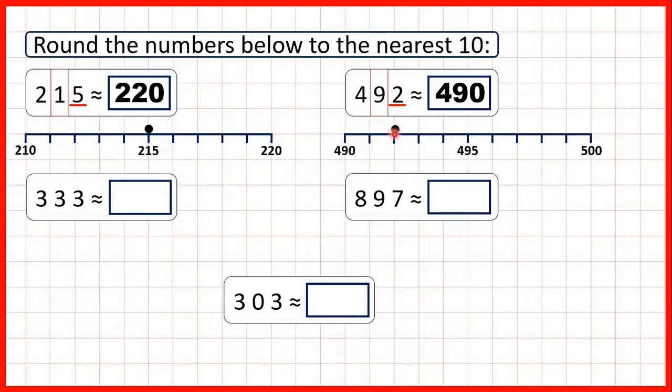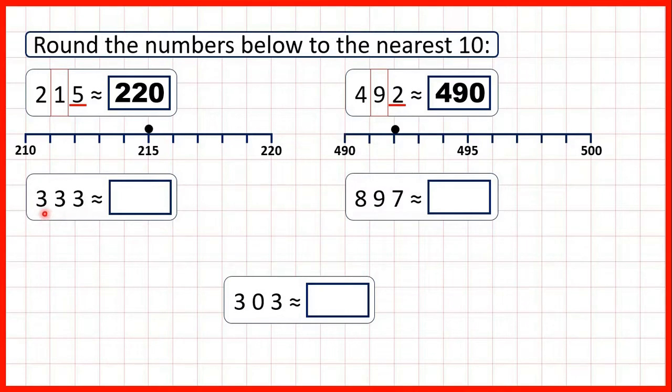But because 492 is closer to 490, that's why we round down. So that's why looking at our ones digit helps us decide whether we're rounding down or up. If it's 4 or less, we round down because that means it's closer to the previous multiple of 10.